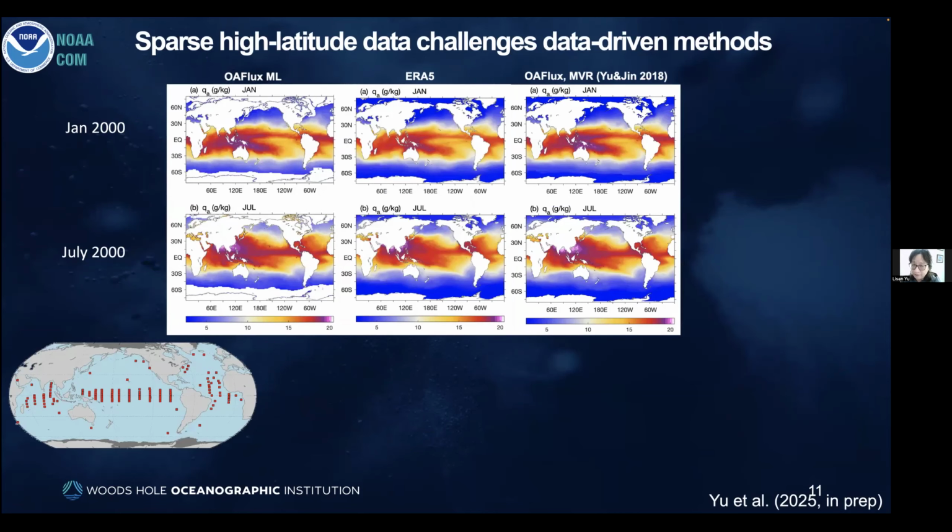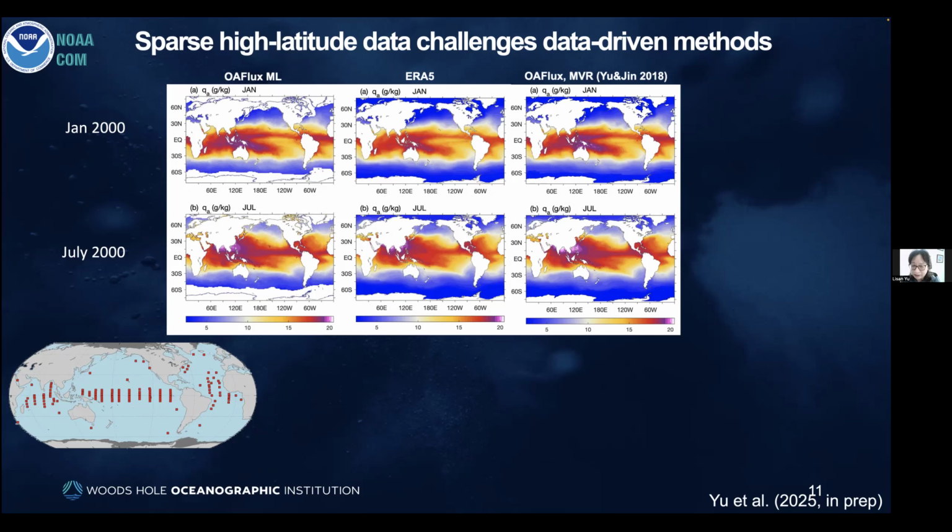And at OAFlux, we actively explore and advance the methodology or techniques which can improve the retrievals of TA and QA from satellite. And here we apply data-driven methods like machine learning. The picture shown here is how the machine learning framework works compared to ERA5 and the OAFlux multivariate regression, which we published in a 2018 paper.